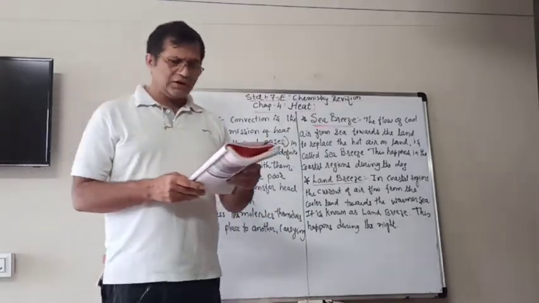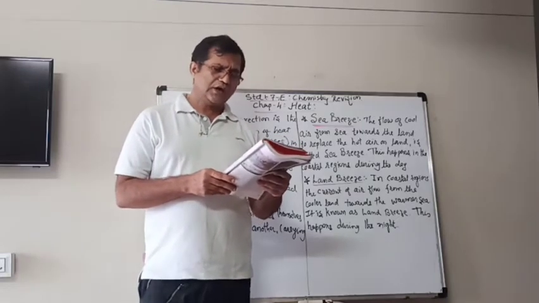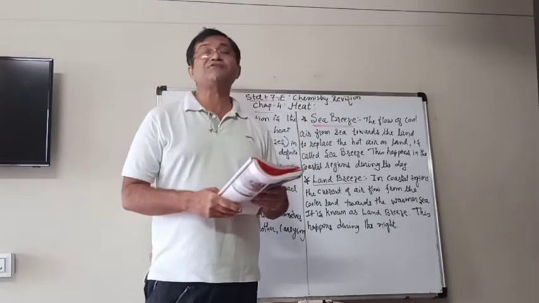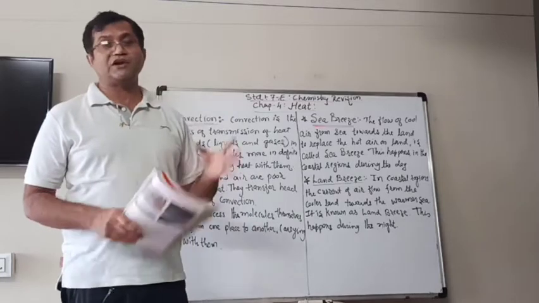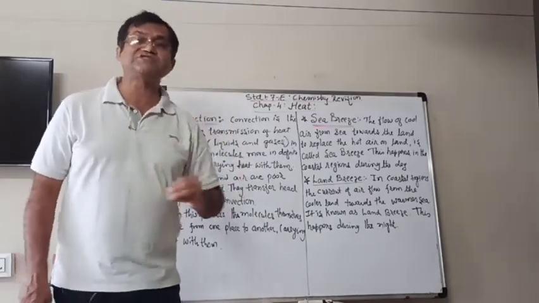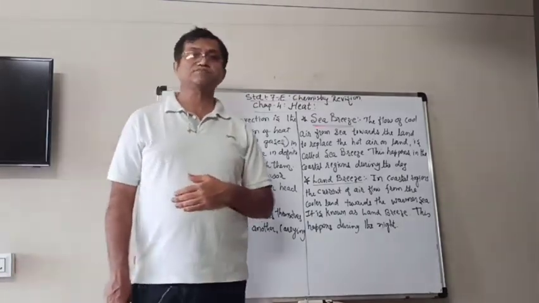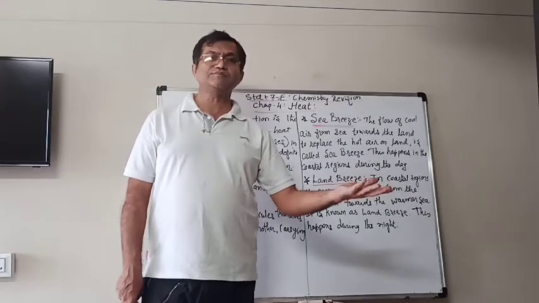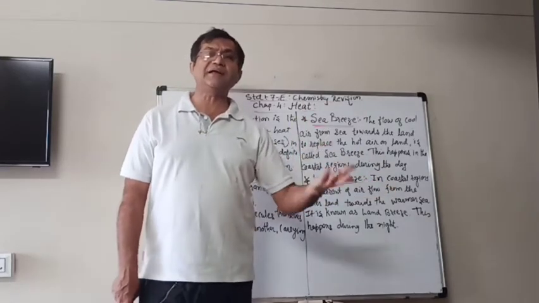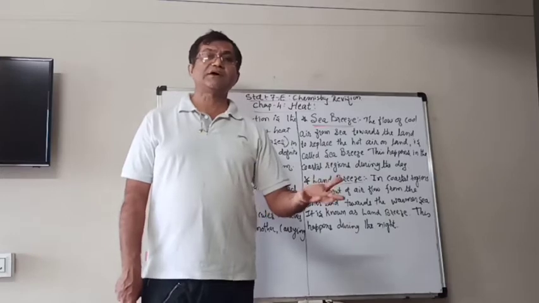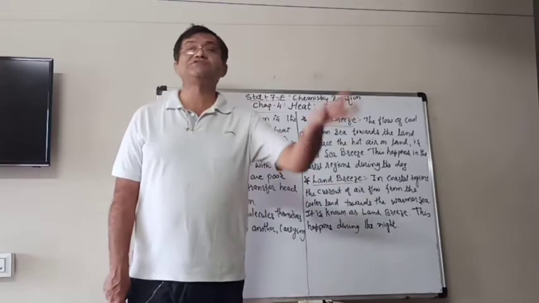So what happens during the day? The land gets heated faster than the water. And so what will happen? The air on the land area becomes hot and it goes up.